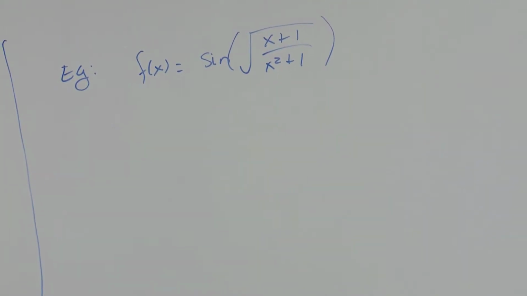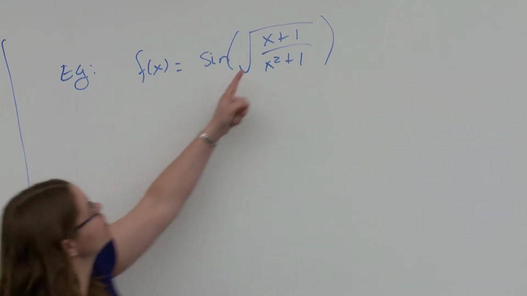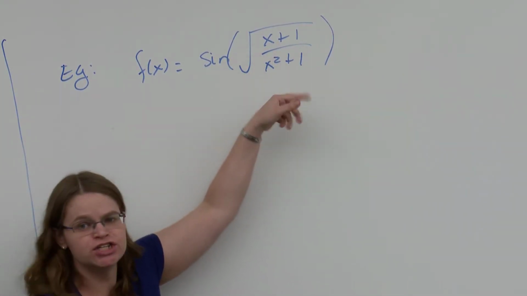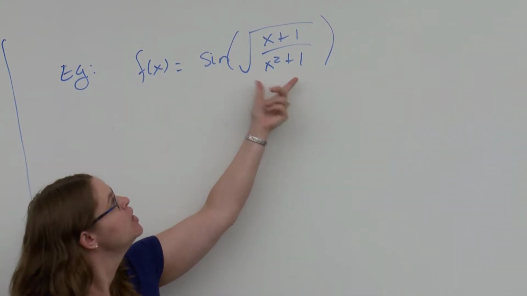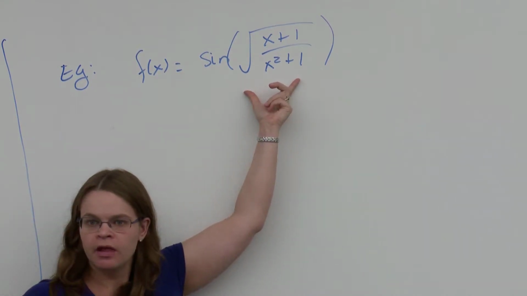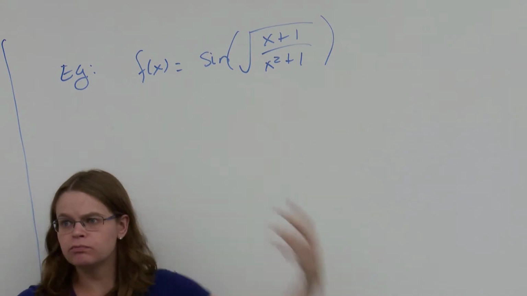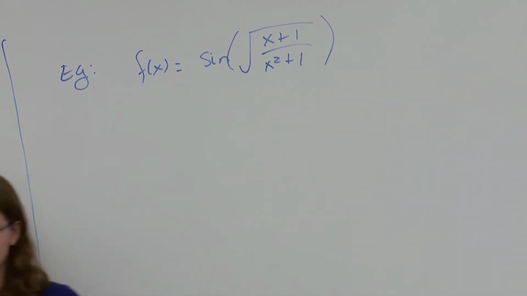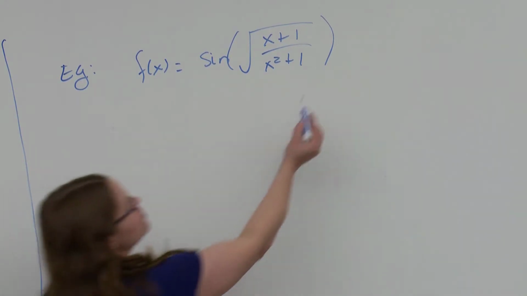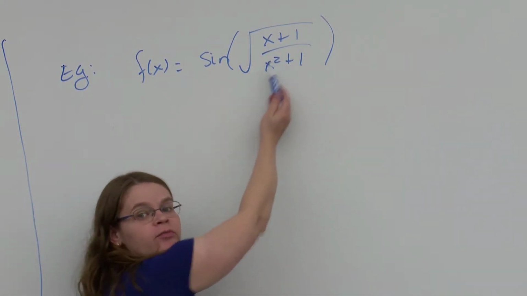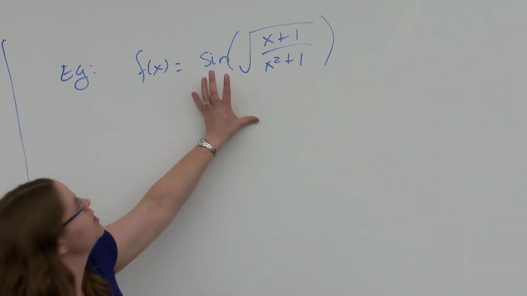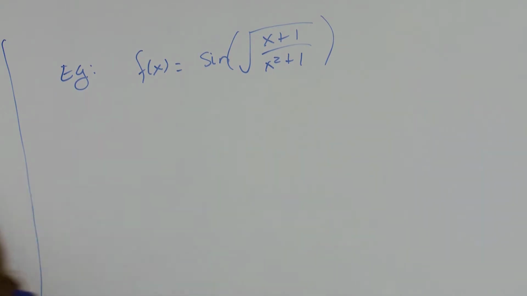Now, as long as things behave themselves, we have operations of addition, multiplication, division. We have the square root function. So everything is good in here as long as we live within a region where the square root function is continuous. In other words, as long as whatever is happening in here is positive, we're happy. Then we pass all that into the sine function. Sine function is continuous everywhere. It doesn't care what we give it. So this is going to be continuous.